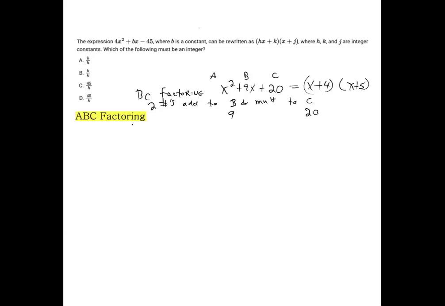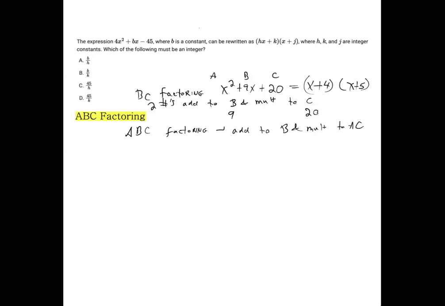Now, ABC factoring is much more complicated. For ABC factoring, you need two numbers that add to b, just like before, and multiply to AC.